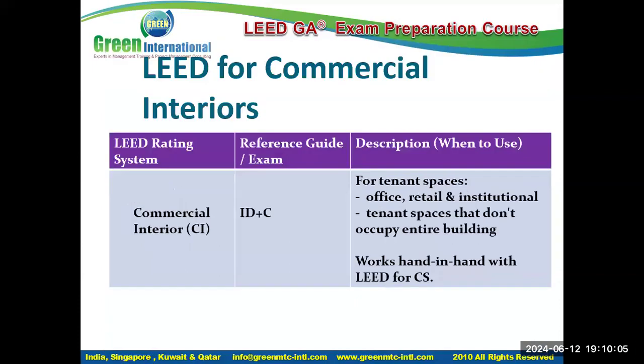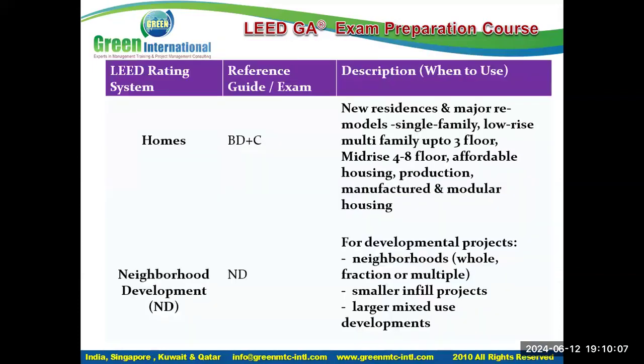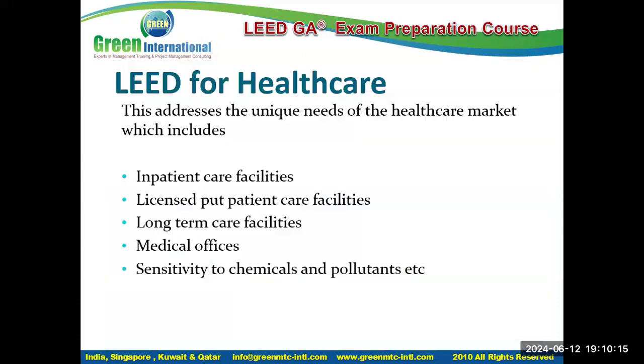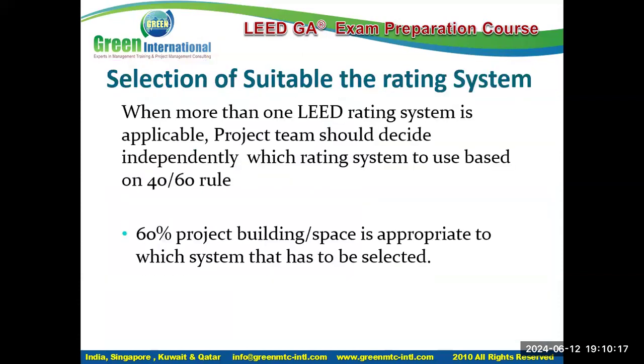If there is a mixed use building, because sometimes you may have a mixed use, until the 5th floor there will be commercial, then after that there will be residential. So if there is a mixed use building, then you have to use the 60-40 rule, right? That means whichever rating system 60% of the building area falls under, you have to go for that rating system.